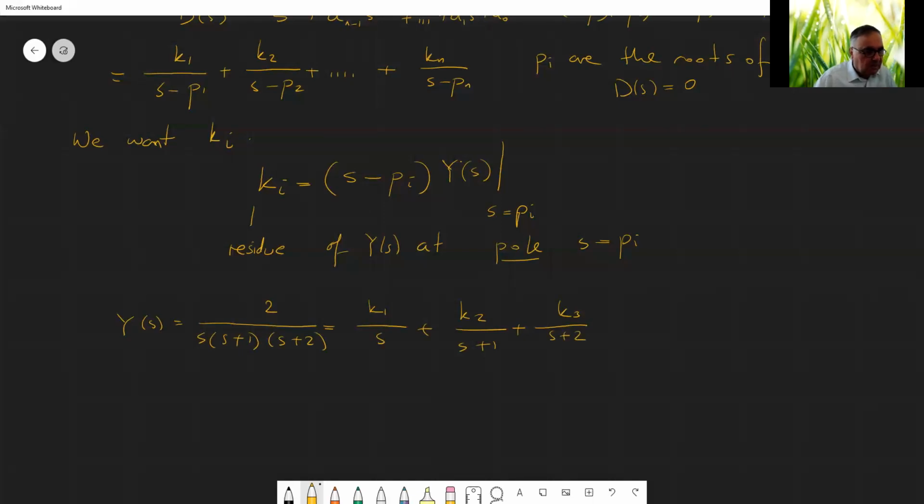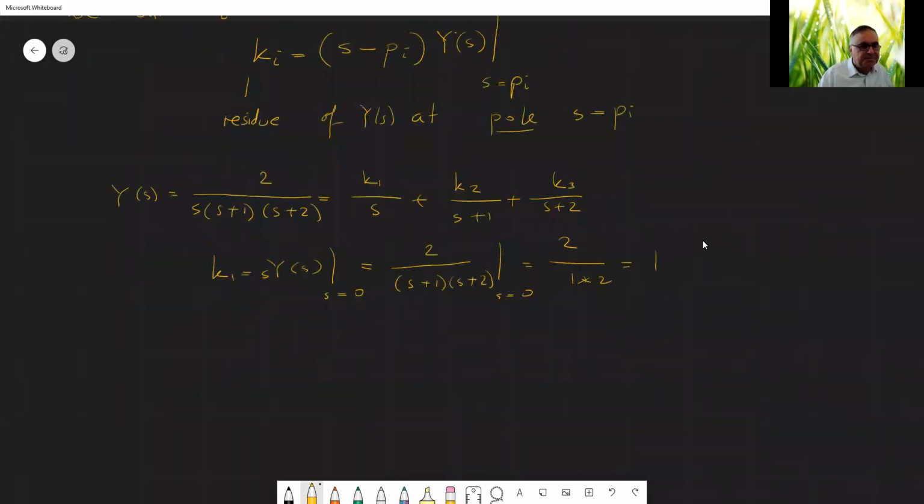Instead of A, B, C, I use K's here; it's the same thing. Now, K1 is s times Y(s) evaluated at s equals 0. So I multiply by s, and you get 2 over (s plus 1)(s plus 2), evaluated at s equals 0, so it is 2 over 1 times 2, which is 1, as we have done before.